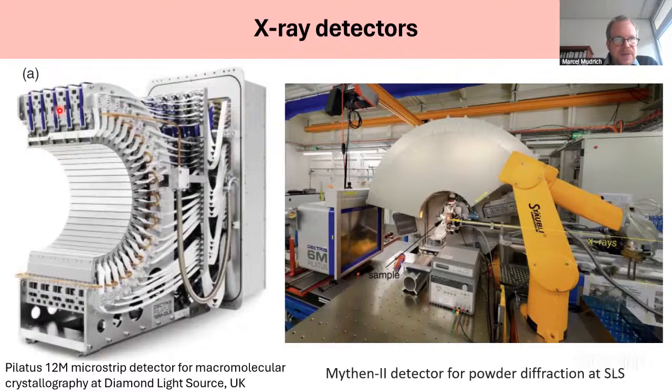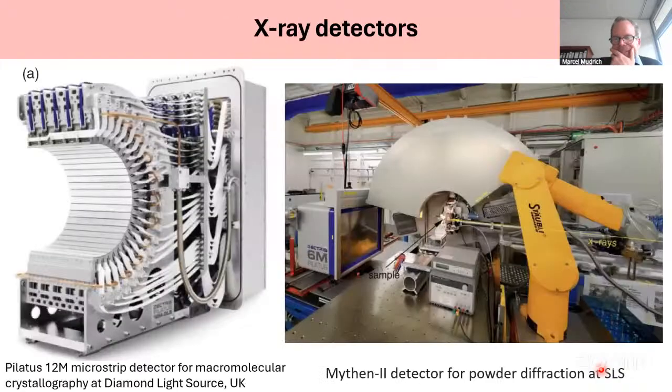Here we have these microstrip detectors. There are many different technologies to record the diffracted X-ray beams around the sample, or these kinds of detectors for powder diffraction. This is at the Swiss Light Source in Switzerland.